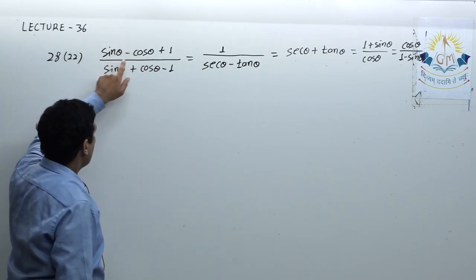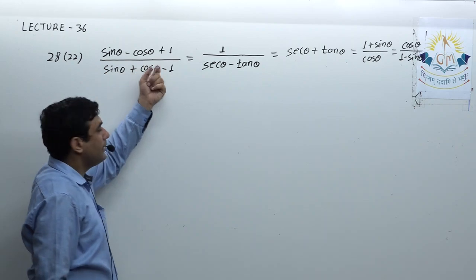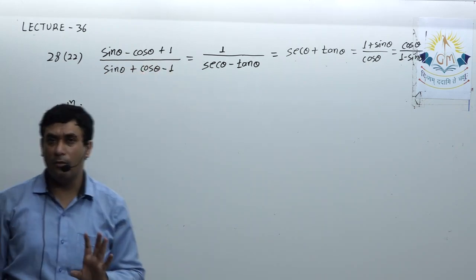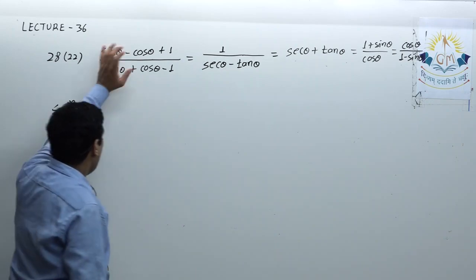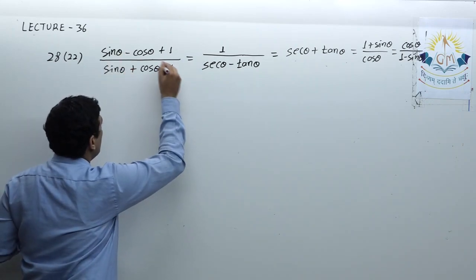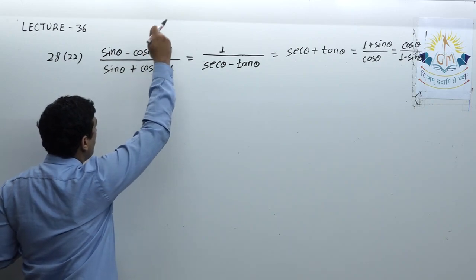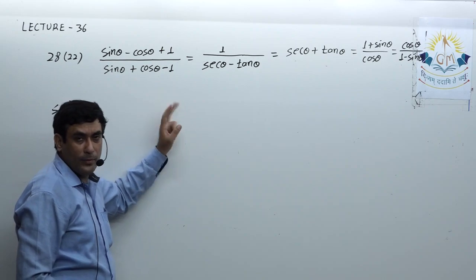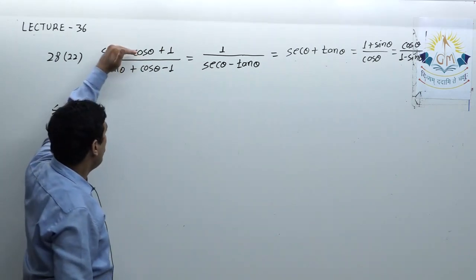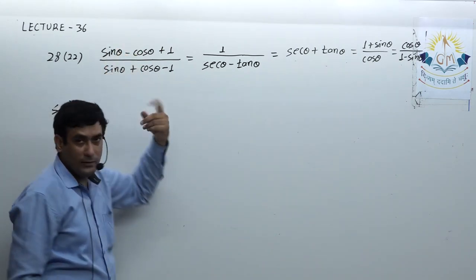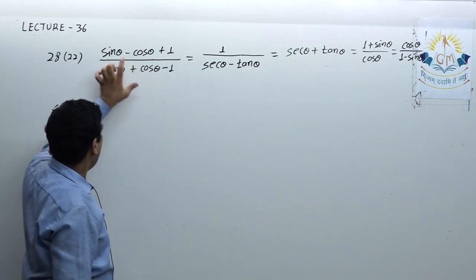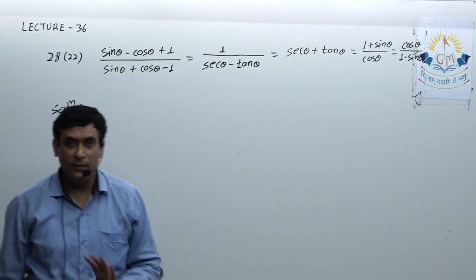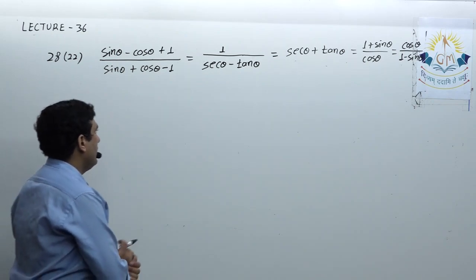See, in the question, in the numerator you can see there are 3 terms: sine, cos and 1. Similarly in the denominator you have sine, cos and 1. So whenever you have this type of question, that means one trigonometric ratio, another trigonometric ratio and 1, and similarly in the denominator 2 trigonometric ratios and 1, that means numerator and denominator are trinomials with 3 terms, and the 2 trigonometric ratios are the same, just with different signs, then we have to follow one strategy.